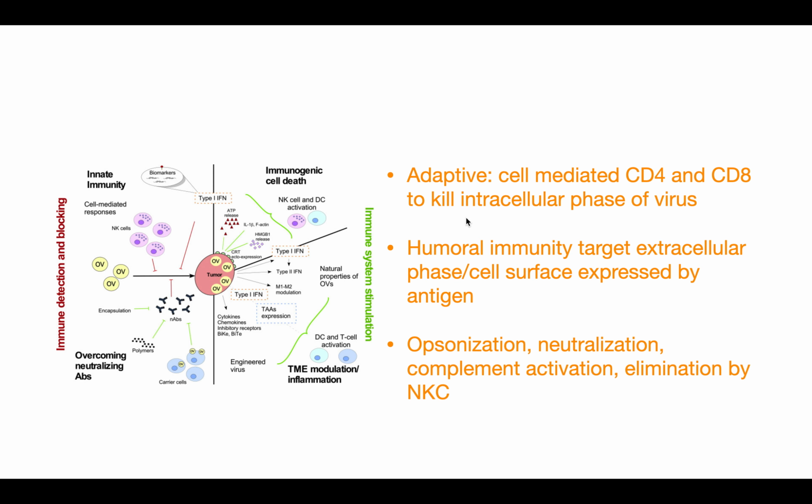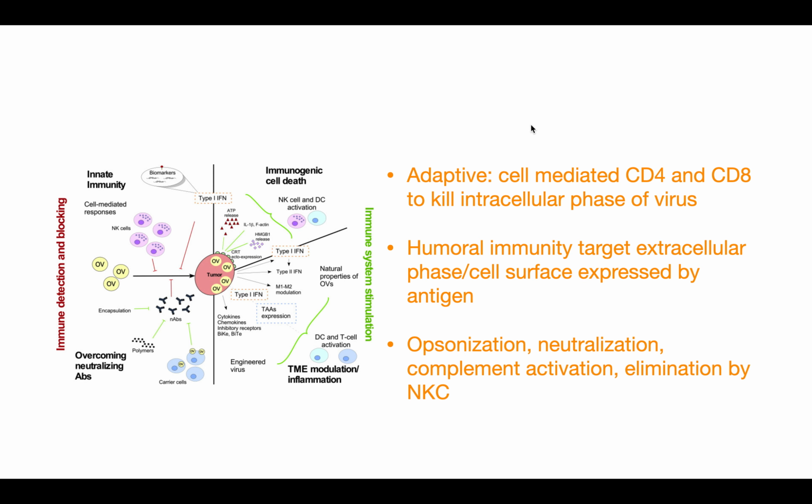In adaptive immunity, the cell-mediated helper T cell CD4 and the cytotoxic T cell CD8 are going to kill the intracellular phase of the bacteria. The intracellular phase is going to affect the presentation of the antigens, and CD4 is going to recognize it, bringing over the B cells.